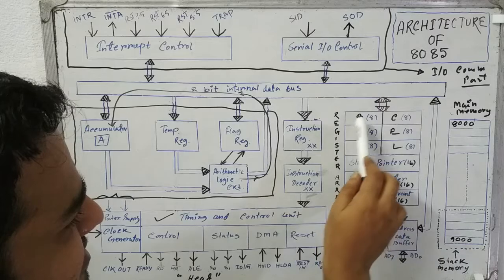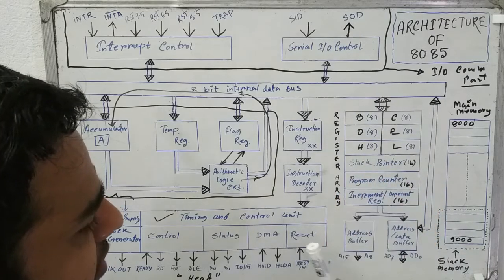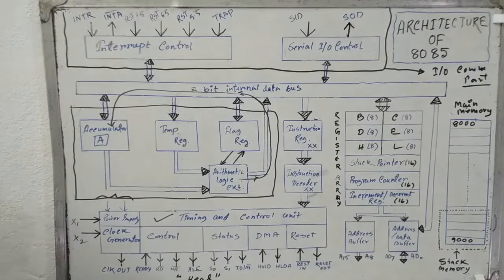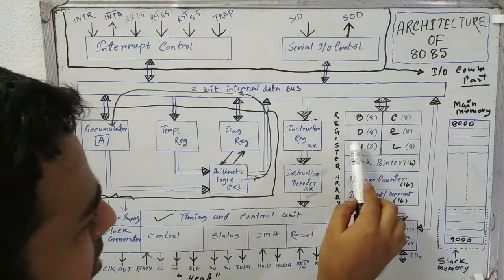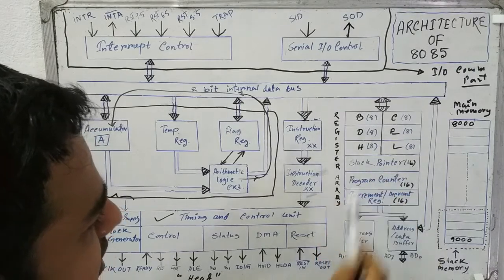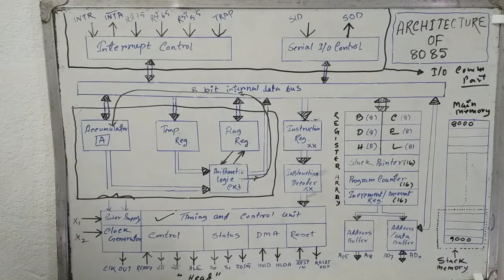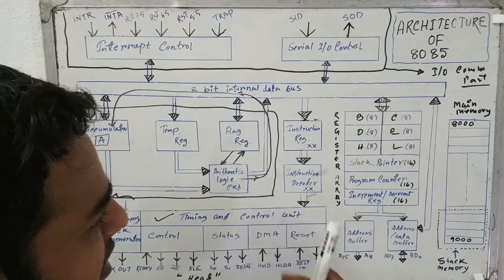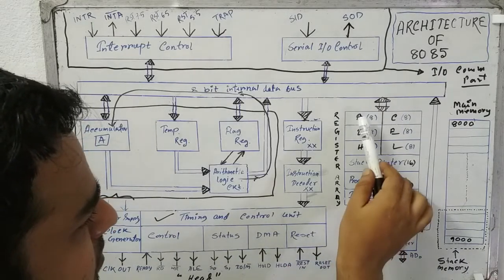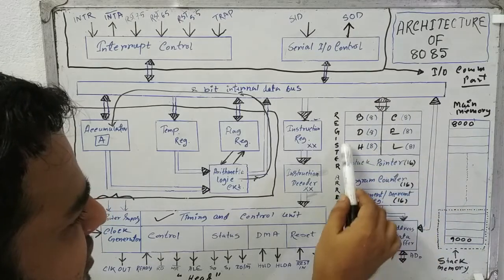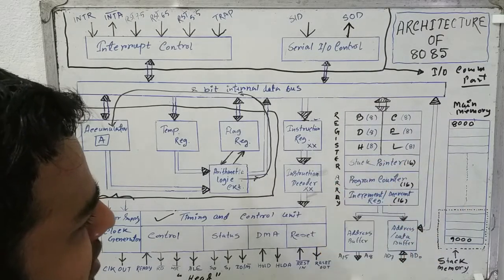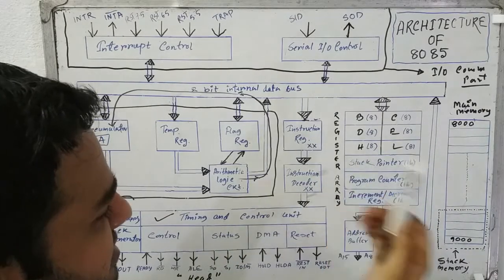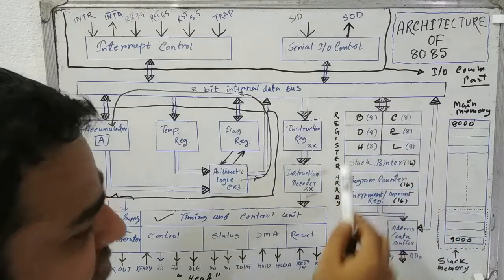These 6 registers are called the general purpose registers, and they have an important significance during program execution. Basically they hold the 1 byte of data temporarily during the execution of a program. So these were the basic features of these 6 general purpose registers. In our coming session, we will discuss all these 6 registers in detail.